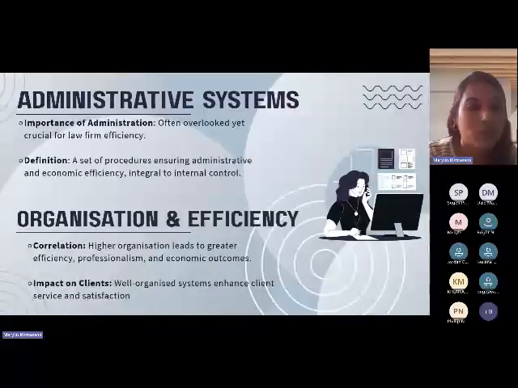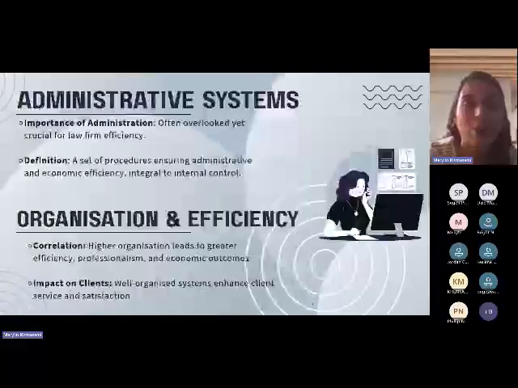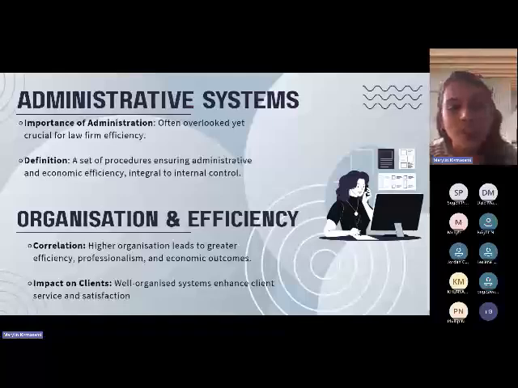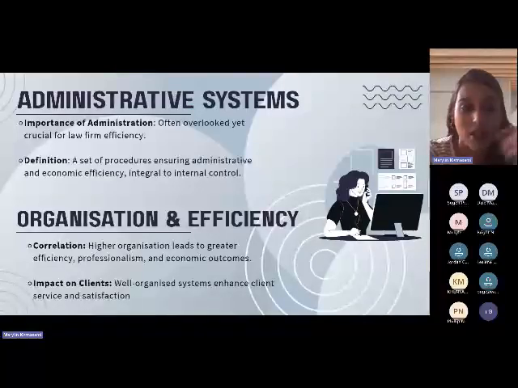If we get straight into it, we are looking at administrative systems. This is the introduction to the importance of what administrative systems are. We're diving into a crucial yet often overlooked aspect of running a successful business. If we look at, for example, a law firm, administrative systems are really important.